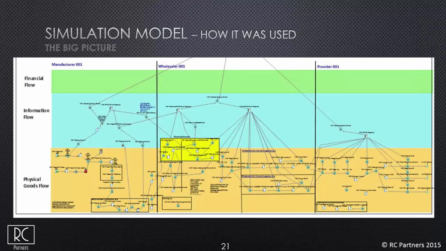But that tan band down there, all those processes are treating those balls as products. So in the left-hand column, you see it says manufacturer 001 at the top, wholesaler 001, and provider 001, so that's a hospital.